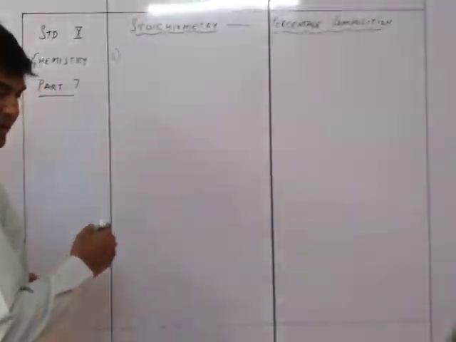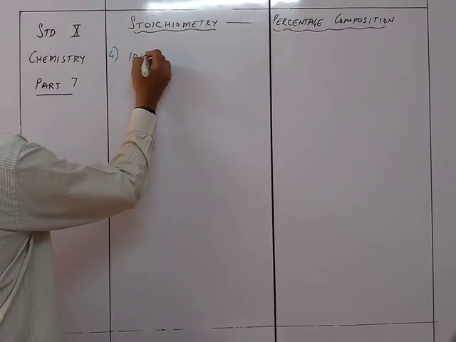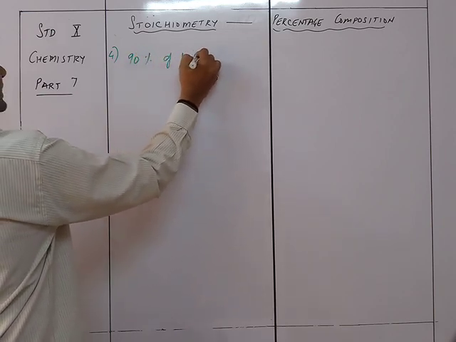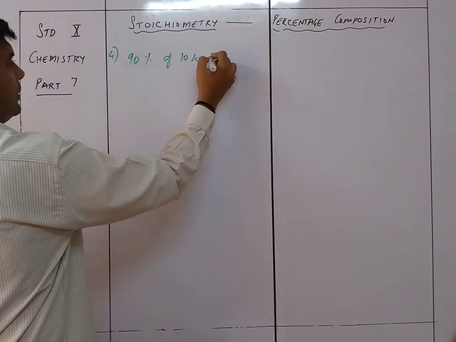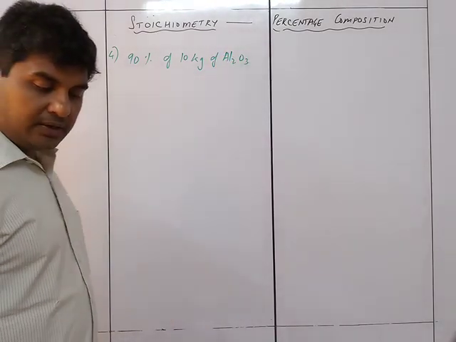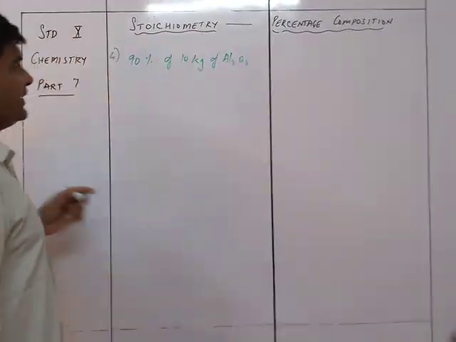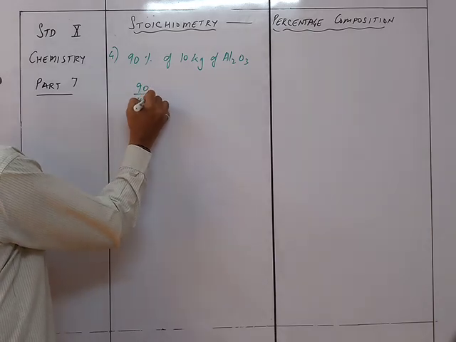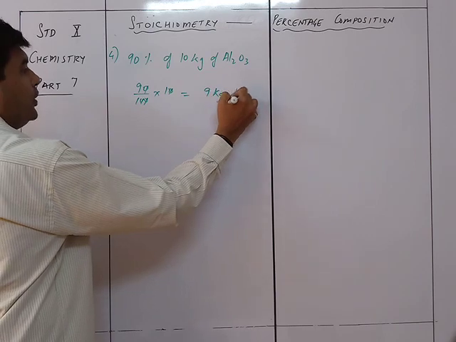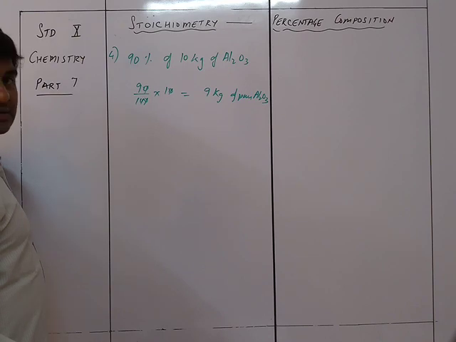So first of all, we know that 90% of 10 kg of Al2O3, because we know that it is 90% purity, so first we need the quantity of Al2O3, that is 90% of 10, that is equal to 90 upon 100 into 10 is equal to 9 kg of pure Al2O3. So pure Al2O3 is this much.